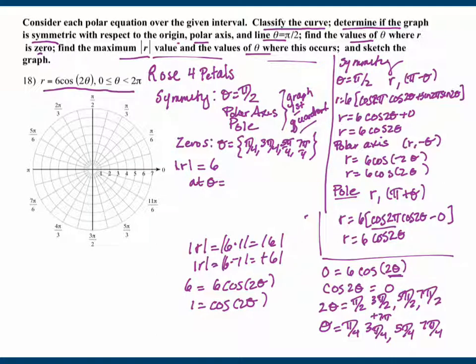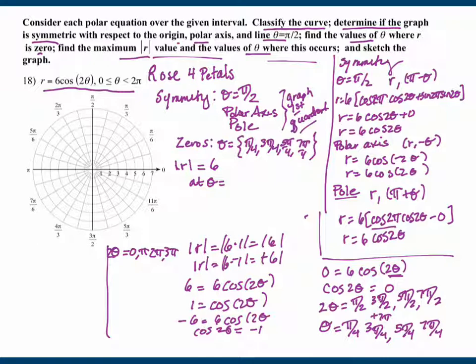We also have negative 6 equals 6 cosine 2 theta. So cosine 2 theta equals negative 1. So we're looking where cosine equals plus or minus 1. So cosine equals 1 at 0, so 2 theta is equal to 0, and at pi, and then again at 2 pi, and then again at 3 pi.